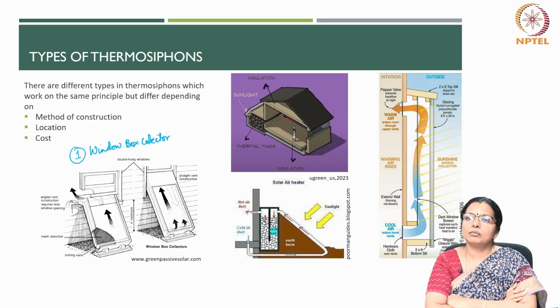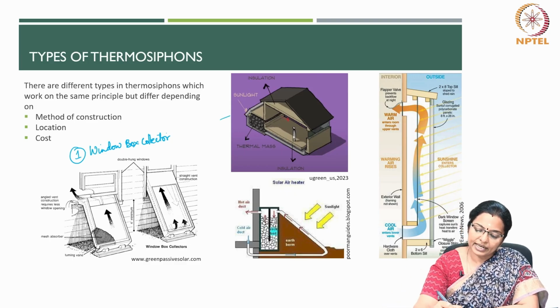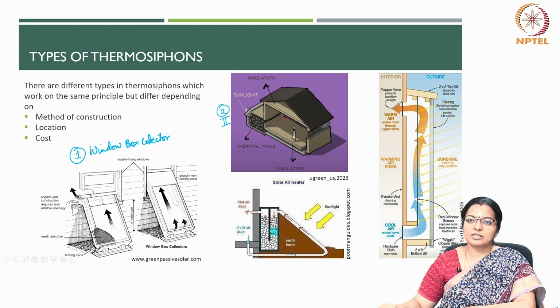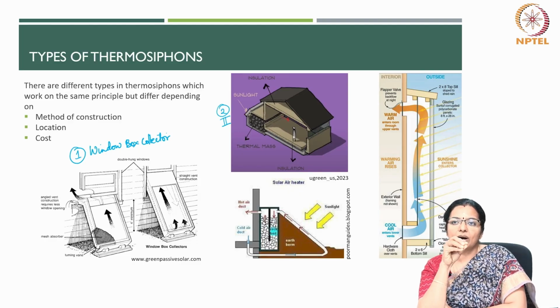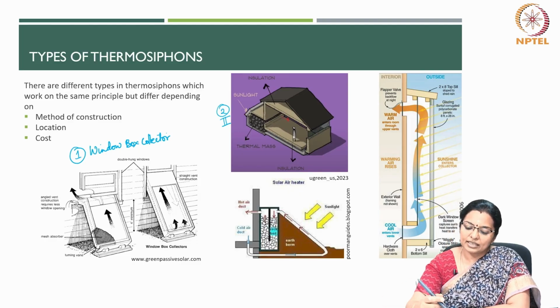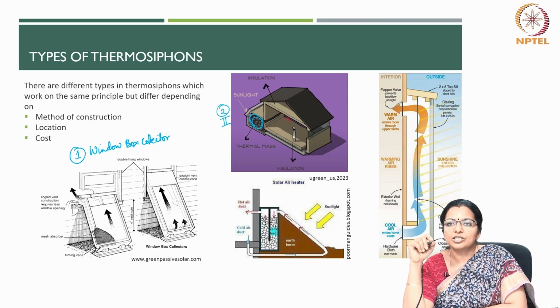Second is the thermal mass solar air collector. These have a thermal mass that stores the heat collected by the solar collector for later use.